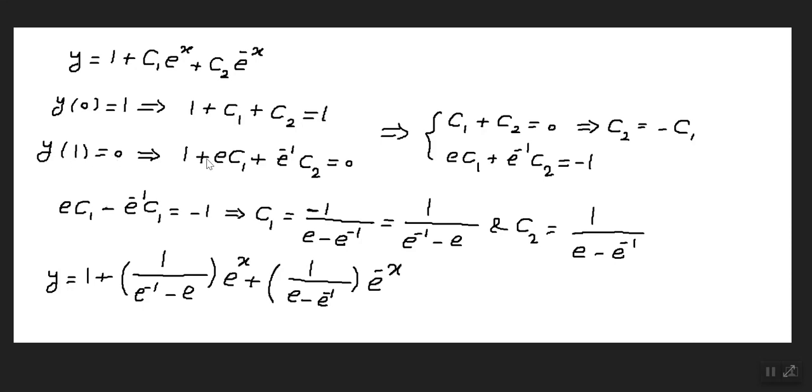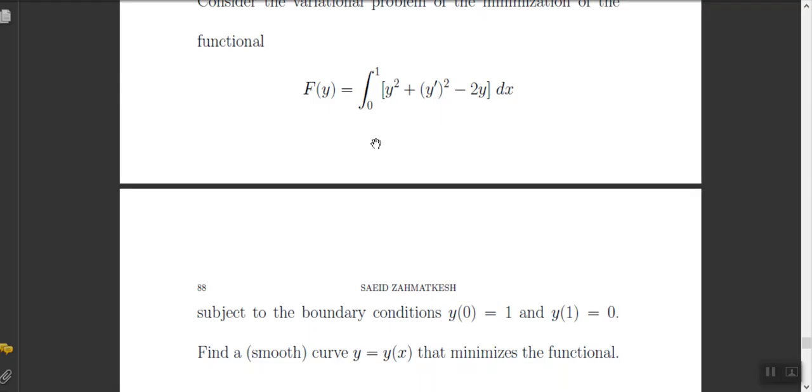You can see this gives this equation. So we have a system, and we have to solve it. You can see I have done it here for you. If we solve this system, it's easy. We get C1 is this and C2 is this. So at the end, y equals 1 plus C1 exponential x plus C2 exponential minus x. This is the solution to this variational problem.